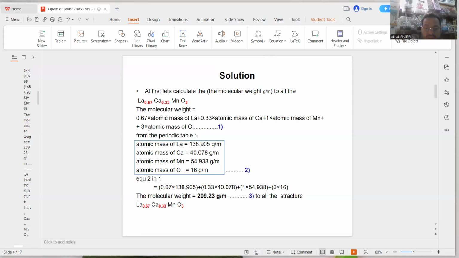The equation will be the molar ratio multiplied by the atomic mass of each one, and summing all of them gives the molecular weight, 209.23 gram per mole. That's the molecular weight of this doped perovskite oxide.